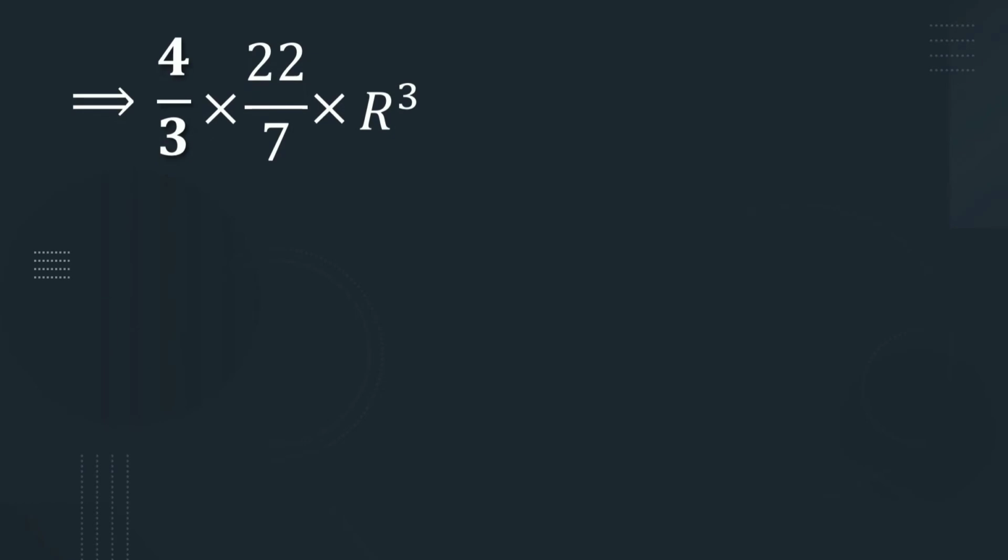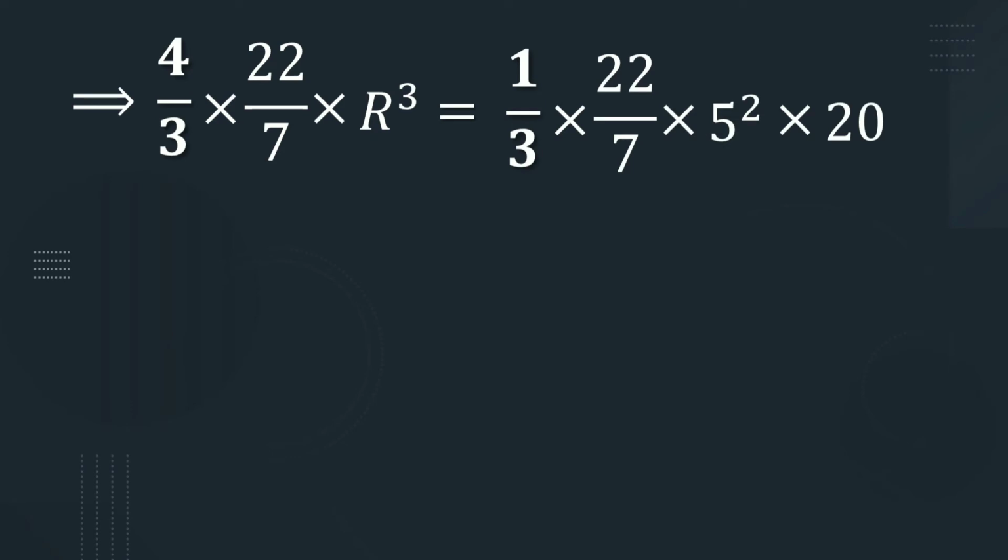It implies that 4 by 3 into 22 by 7 into r cube is equal to 1 by 3 into 22 by 7 into 5 square into 20. Let us see which can be cancelled here: 3 and 3, 22 by 7 and 22 by 7. 4 ones are 4, 20s are 4 5s are 20.